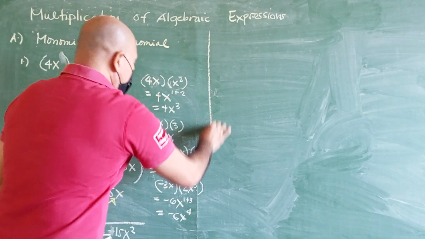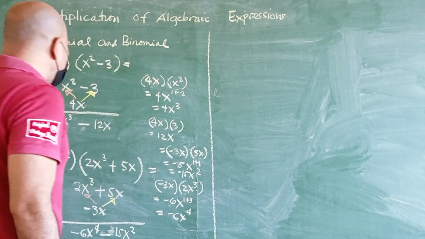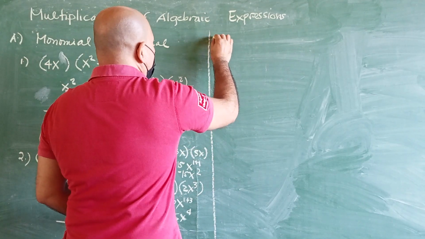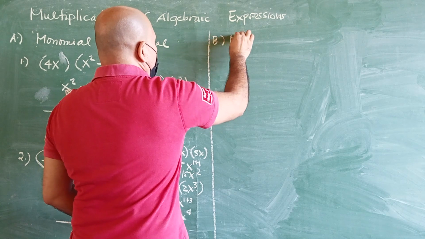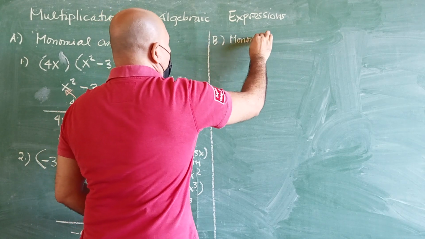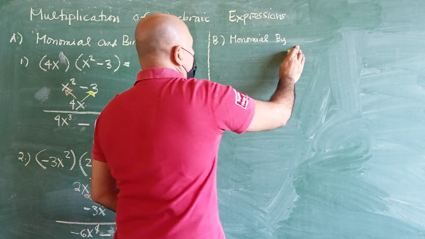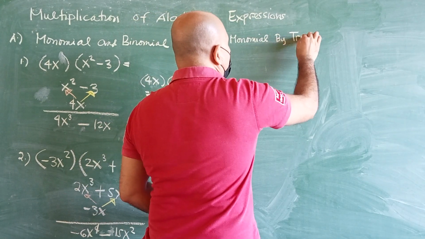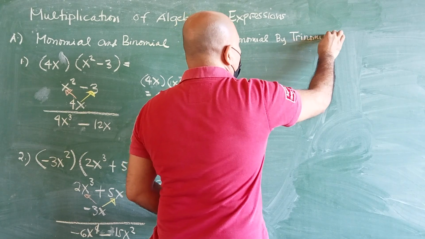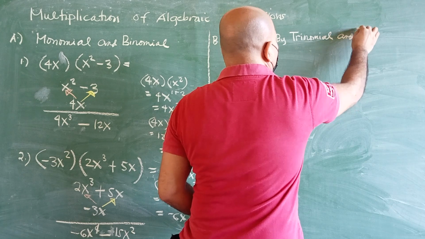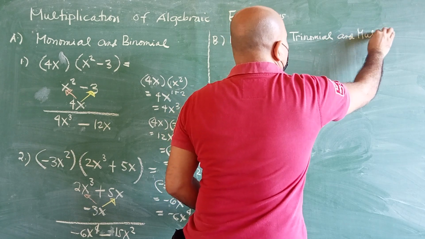Okay, so let's continue. The next one is monomial by trinomial, for example. Trinomial and multinomial.